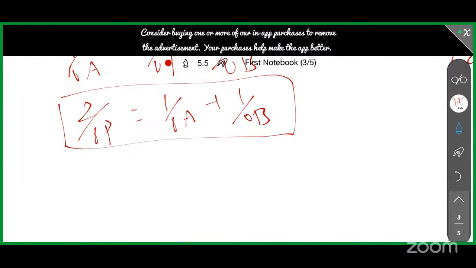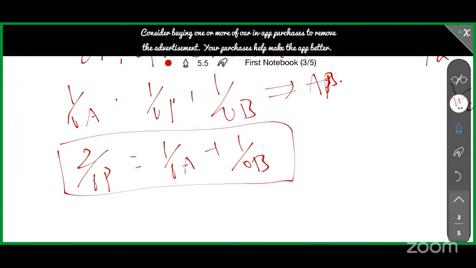LCM and fraction addition. Don't make mistakes. Do it slowly.